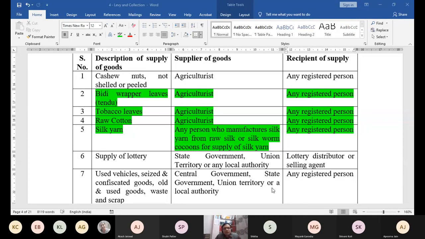Don't waste your time reading all the things, because there will be hundreds of those names which we cannot learn. So only learn these four and please note it down. These are those supplies which are covered under 9.3. If these things are supplied, then the recipient has to pay the tax and not the supplier.